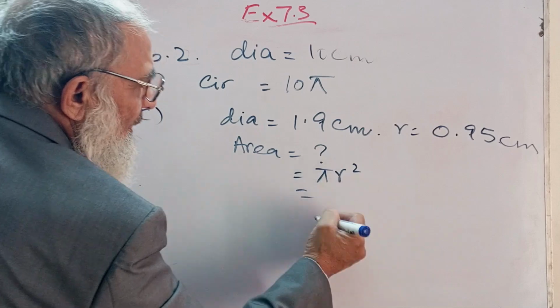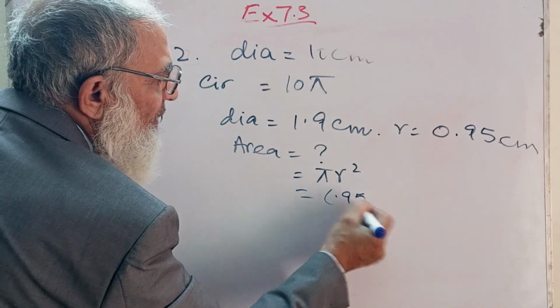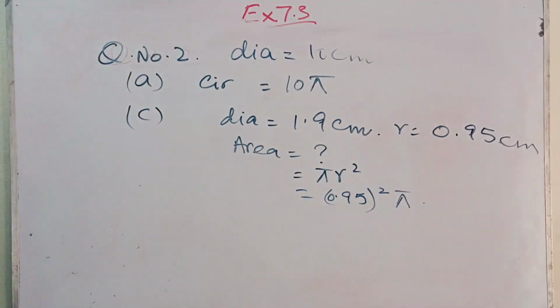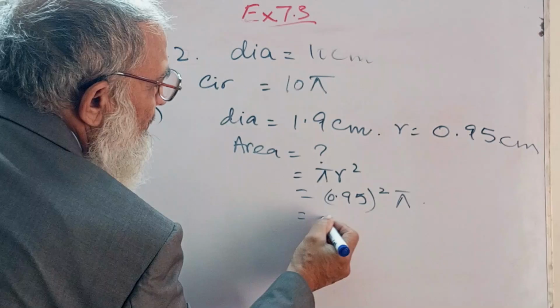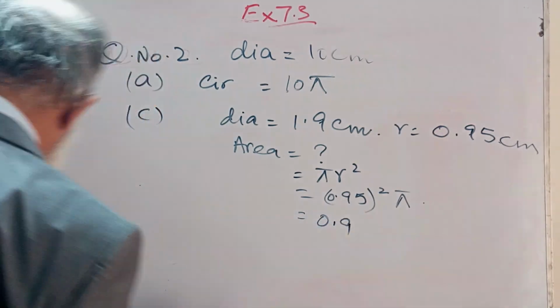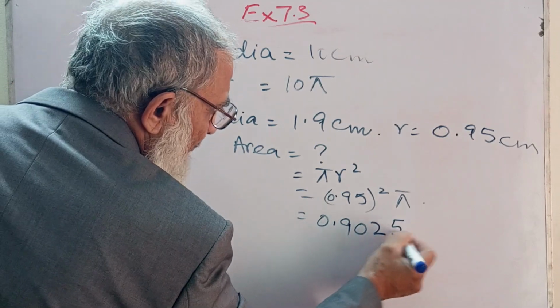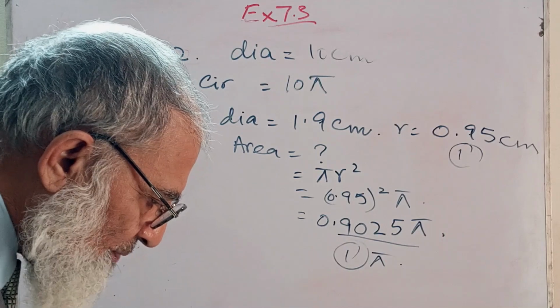So pi, let me shift this value over here, 0.95 square into pi. It will become 0.9025 pi.